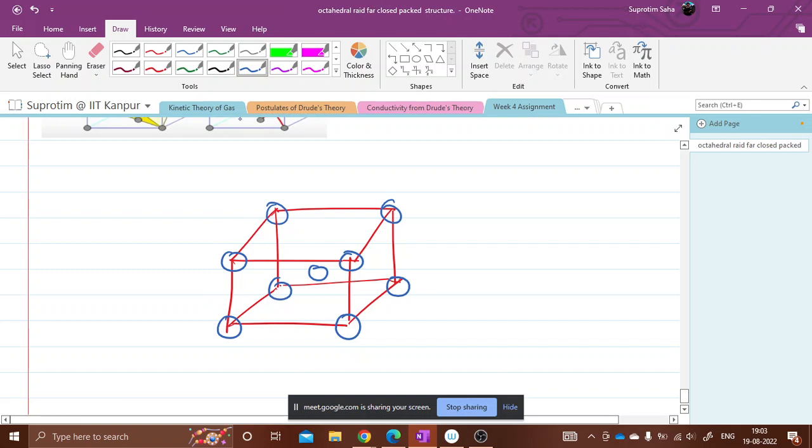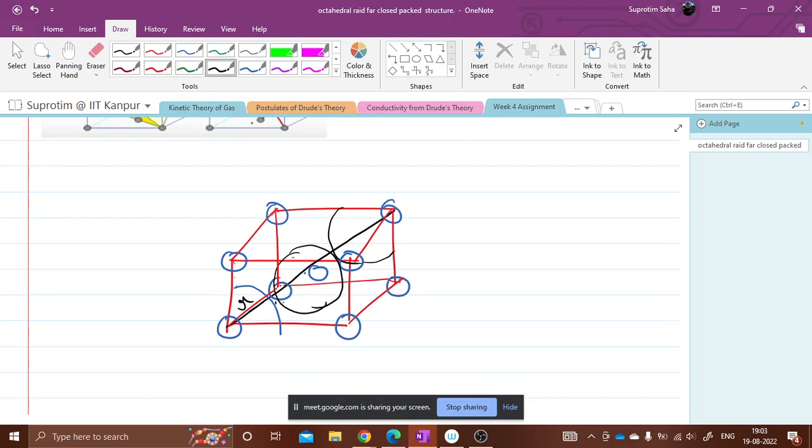Although I have drawn them as smaller spheres, actually they'll be like this only, touching each other, and the central sphere will also touch them. So the corner atoms and the central atom cover the body diagonal. 4 of R, this is R, this is R, this is R, and this is also R. So 4R will make up the body diagonal.